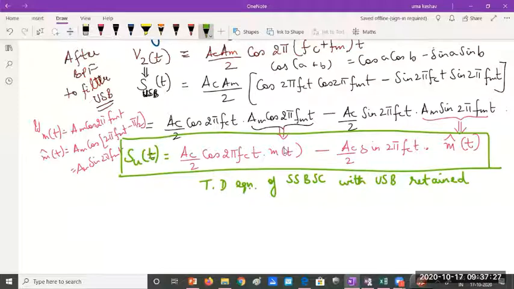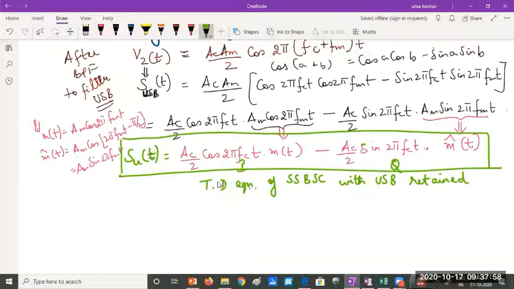DSB FC, full carrier. Next, DSB SC is just much simpler, message into carrier, that's all. Whereas SSB SC is represented by the message component into in-phase carrier. Cosine means in-phase carrier, and here the Hilbert transform, the 90-degree phase shifted version of the message, into quadrature carrier. Sine means it is quadrature carrier.